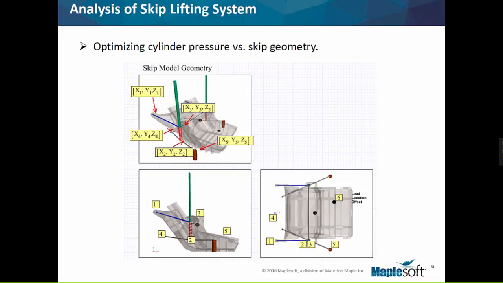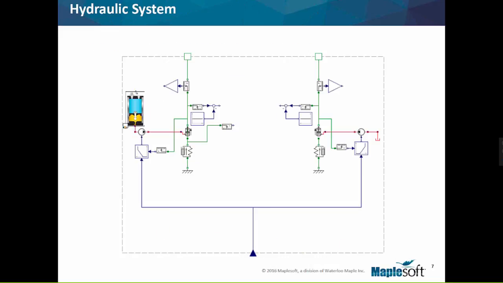So it is desirable to find out how the system responds to every change of the key geometrical parameters. This picture shows more details of the hydraulic circuits that control the system. The hydraulic circuit is assisted by a hydraulic accumulator, which can be seen on the left corner of the screen.